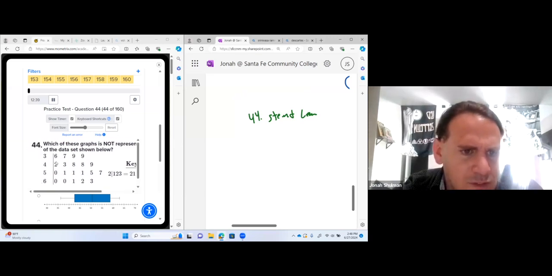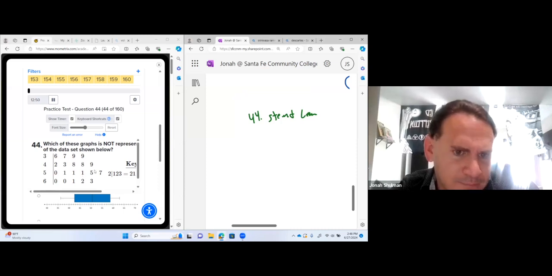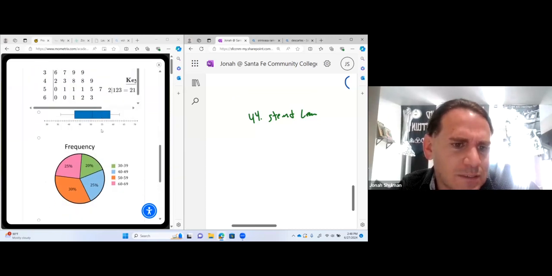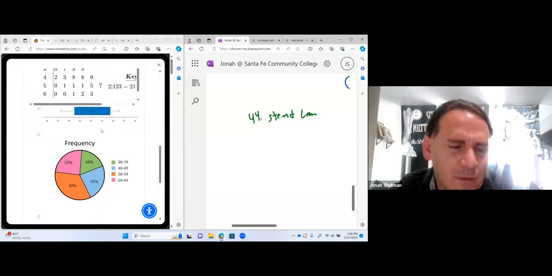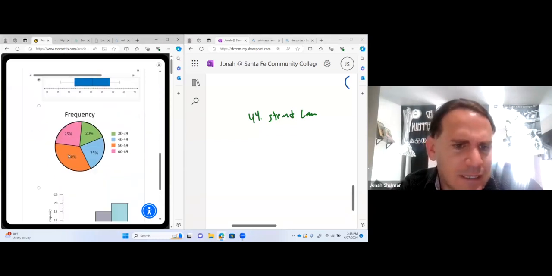So this is 42, 43, 48, 48, 50, 51, 51, 51. There's three 51s. There's more 50s than everything else. Then we have some in our 60s. Notice that there's a bigger gap here. They want to know what's the difference between the 30s, the 40s, the 50s, the 60s, right?